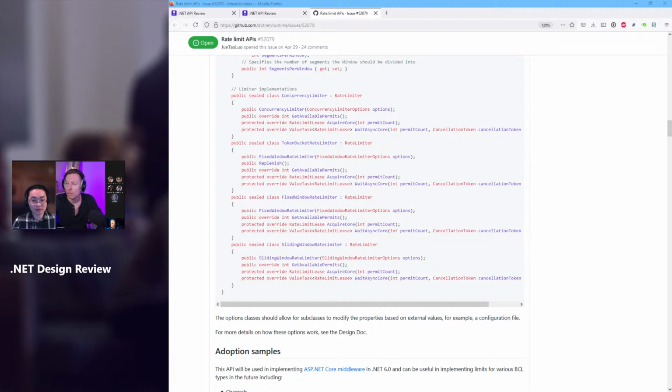So with this design, all of the information about when replenishment occurs is encapsulated on the token bucket options. And what ends up happening, you're externally telling it when to replenish, so you're always trying to replenish more often than what it's configured to. Right. Yes.